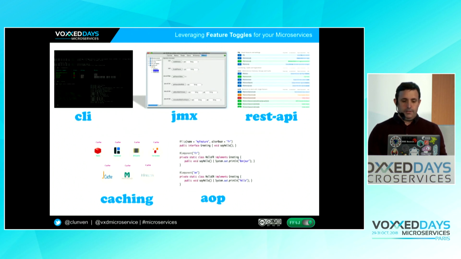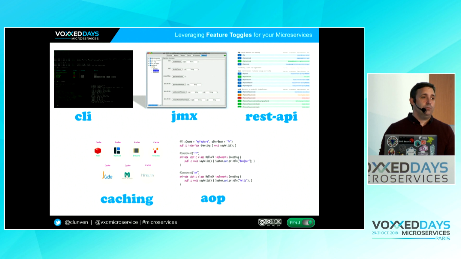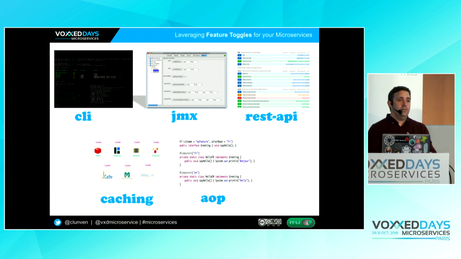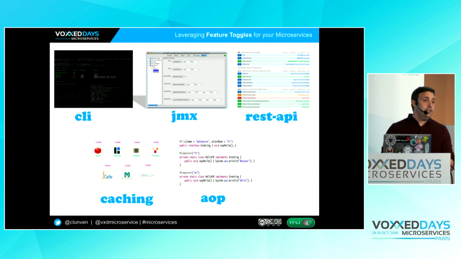So that's it for the demo. I just wanted to give you, in 10 seconds, the things we did not see. We also provide a CLI because not all the services provide a web UI, and JMX. The REST API, because most UIs are developed in JavaScript. Some caching to avoid the overhead of accessing the database again and again.